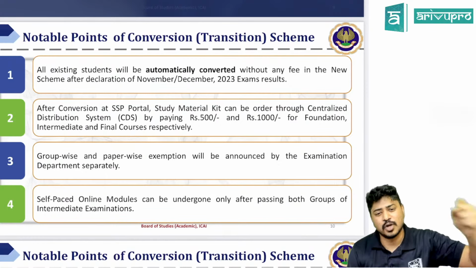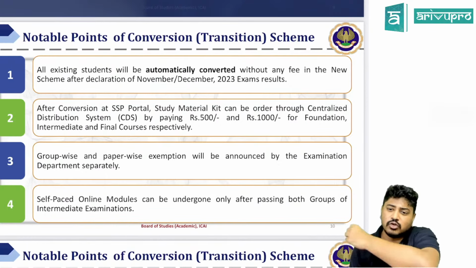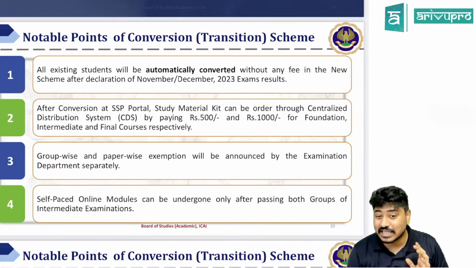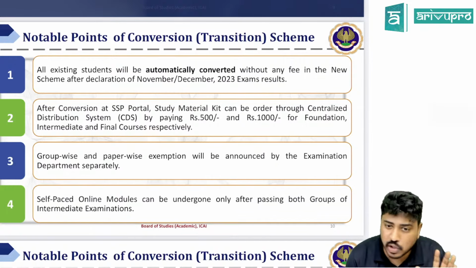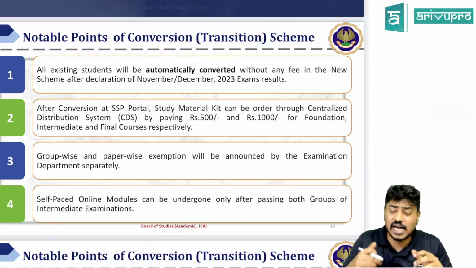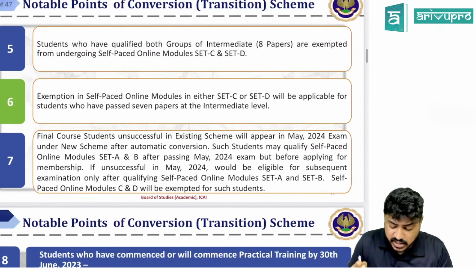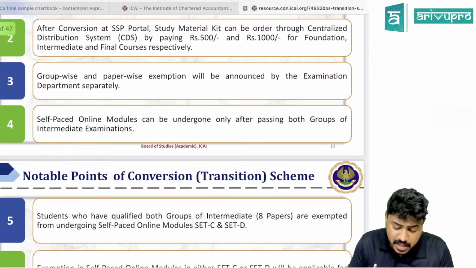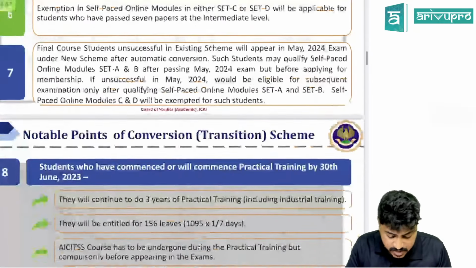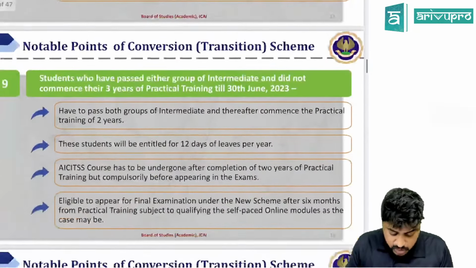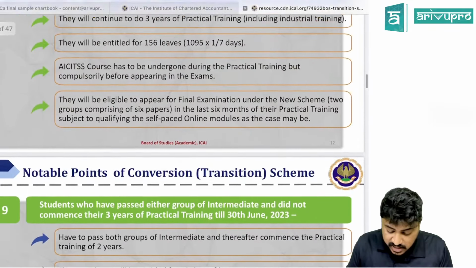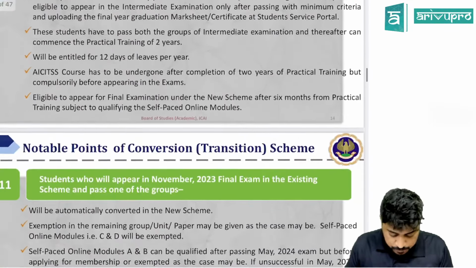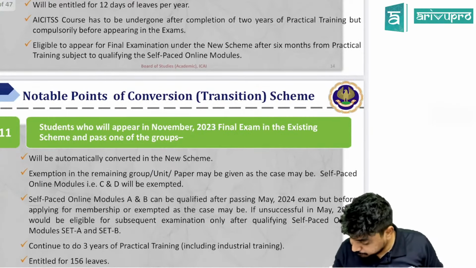Group 2 also, if you clear CA final group 2, consider new syllabus group 2 cleared. But in Inter, they have not clearly told. They have said on a case to case basis only, we will see. So group wise and paper wise exemption will be announced by the examination team. They have not been very clear with the exemption patterns. Are we clear on that?